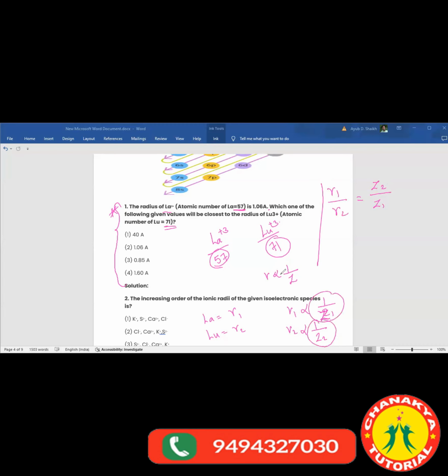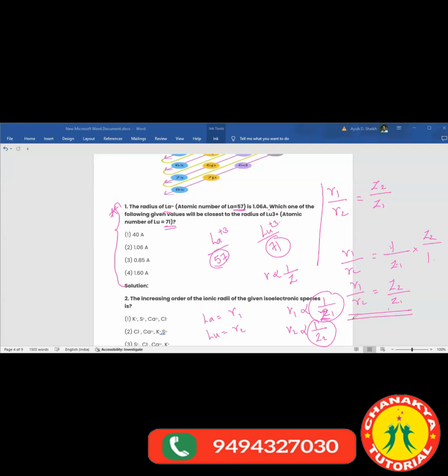Fine. Because it is inversely proportional, the radius of lutetium R2 should be lesser than R1. R1 upon R2 is 1 upon Z1 into Z2 upon 1, because it inverts. So R1 upon R2 is equal to Z2 upon Z1, because the Z1 ones are Z1 and the Z2 ones are Z2.